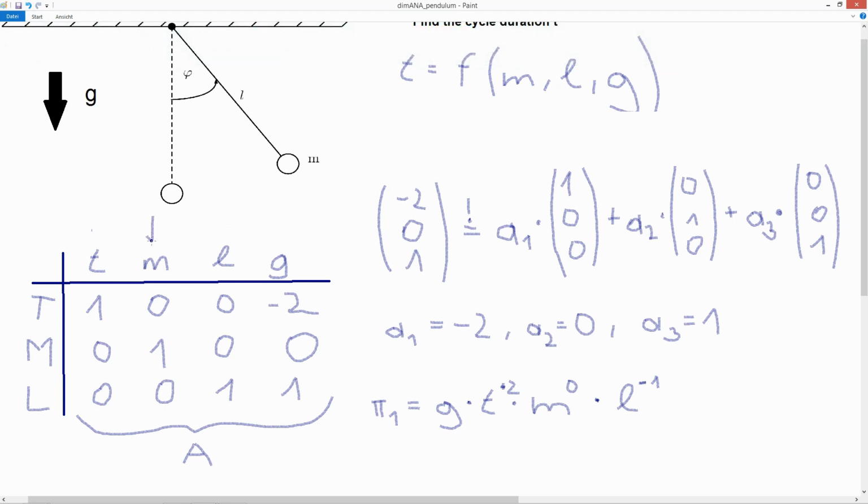The column with M, the column with L, and the column with G. So these columns are linear independent, so we can pick them.